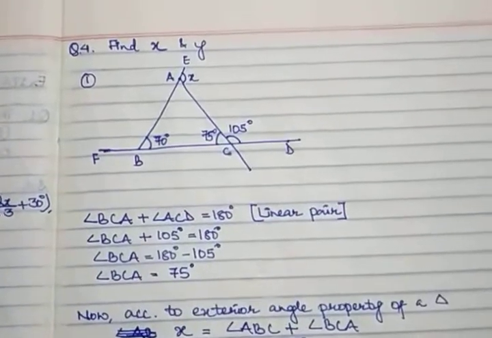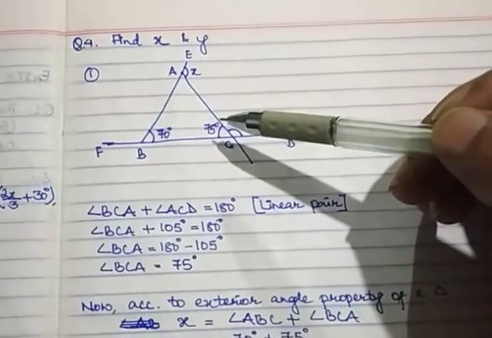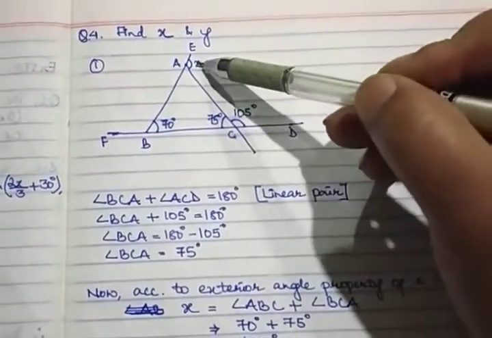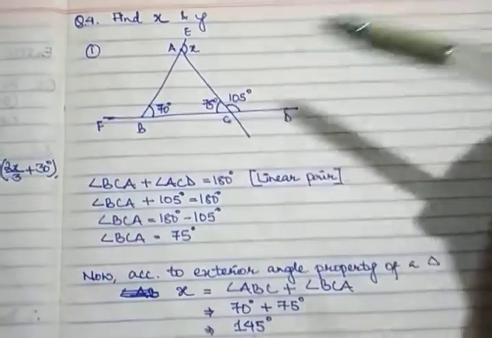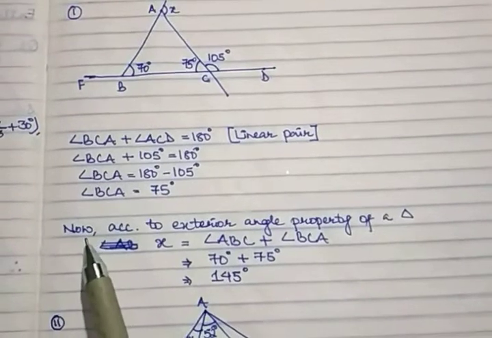Now I can easily calculate the value of x, isn't it? Because what do I know? x is the exterior angle of a triangle and it's equal to the sum of its interior opposite angles. But as I've already said, you need to mention the reason as well.